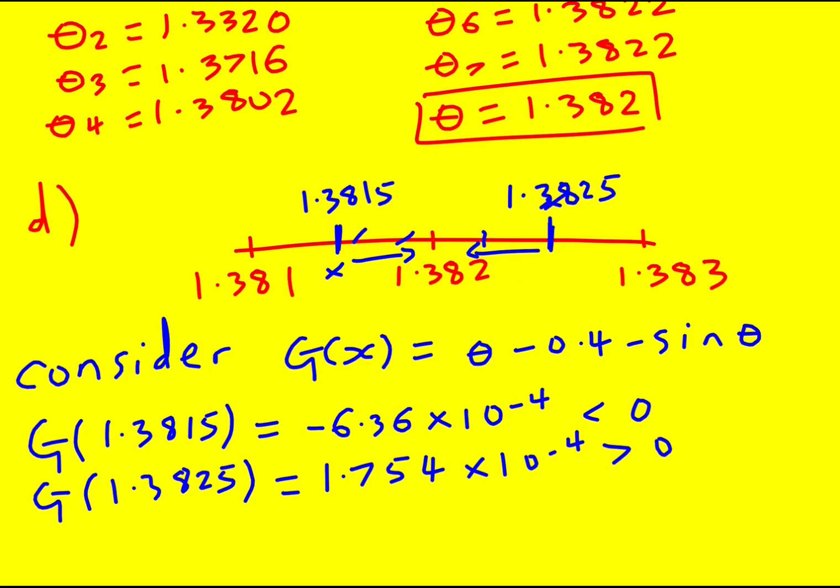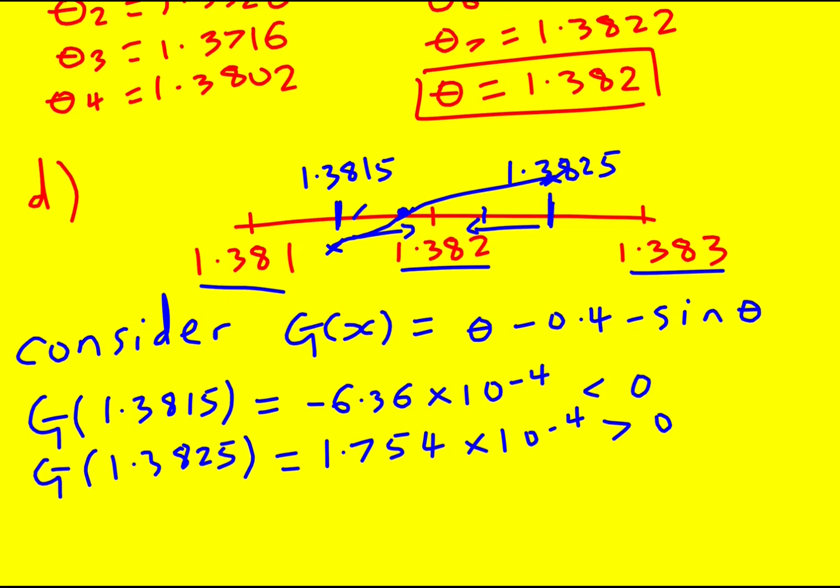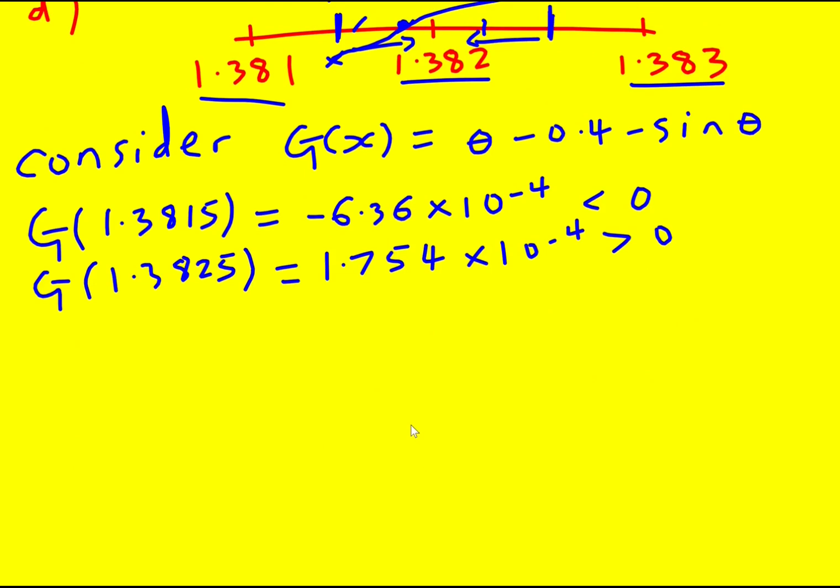So, we don't know what the function looks like, but in between it's going to go through the axis. That's the key thing, and that, to four significant figures, is going to be closer to 1.382 than to 1.381 or 1.383. So we just have to write that down formally now.